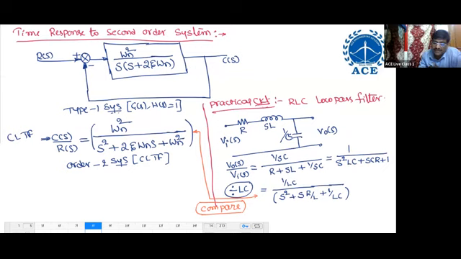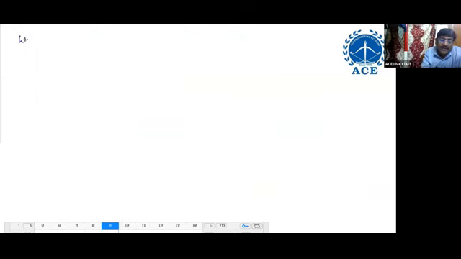Omega n is 1 by root LC. Very good. What is zeta?